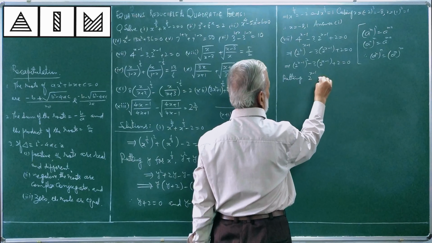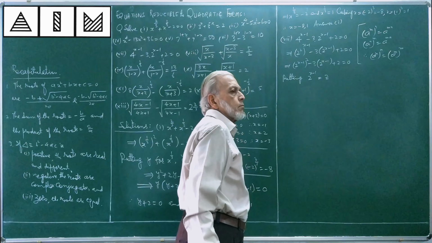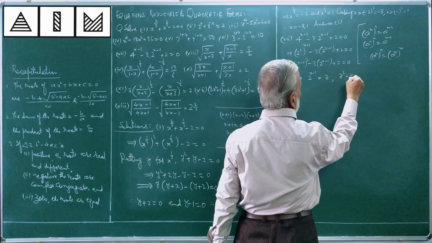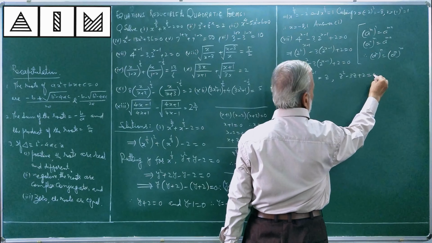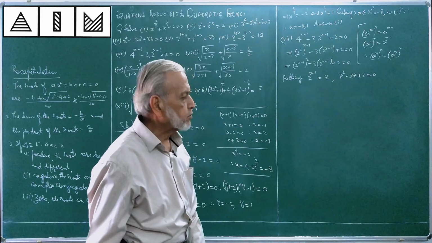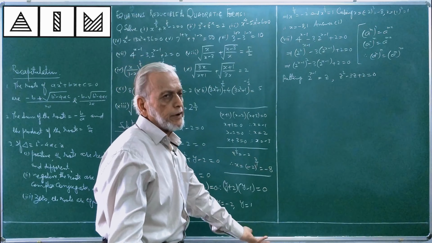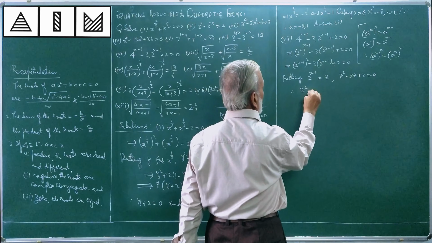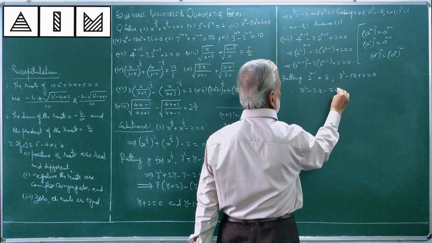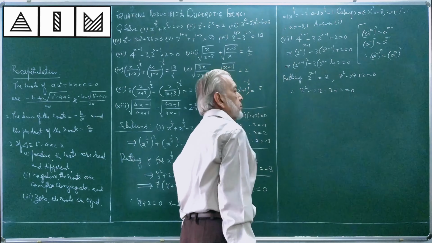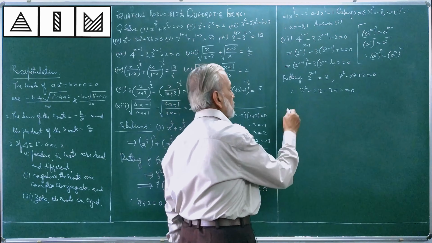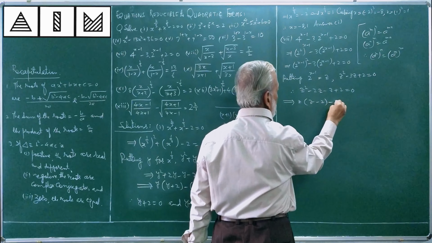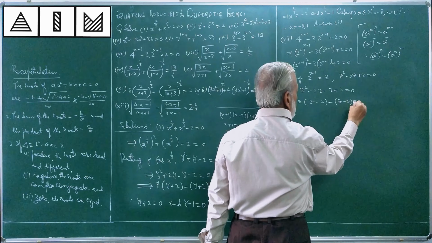Putting 2 power x minus 1 is equal to z. This will become z square minus 3z plus 2 is equal to 0. You factorize or you use quadratic formula, it is left to you. I am doing factorization. z square minus 2z minus z plus 2 is equal to 0. z common, z minus 2 minus 1 into z minus 2 is equal to 0.